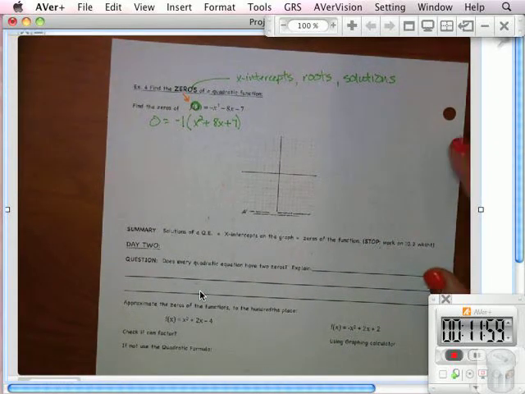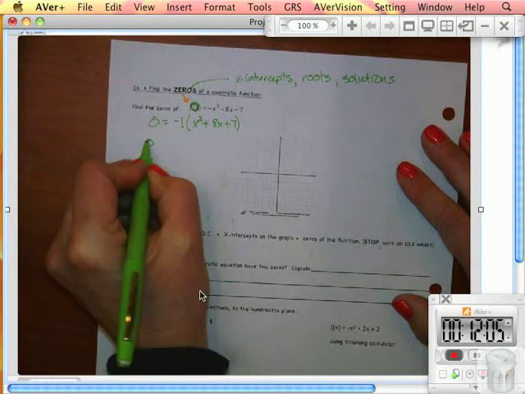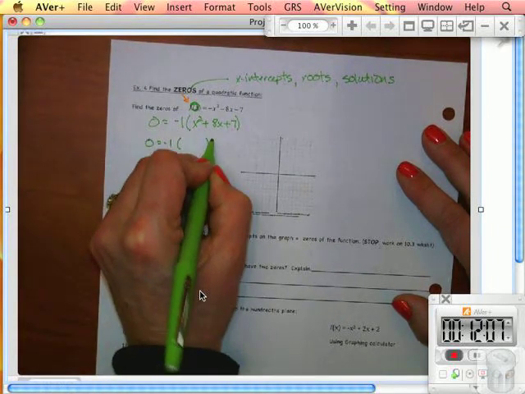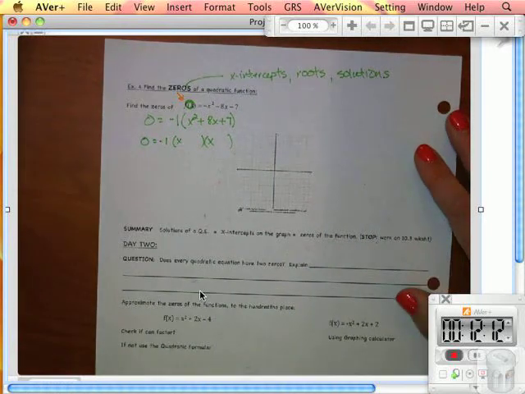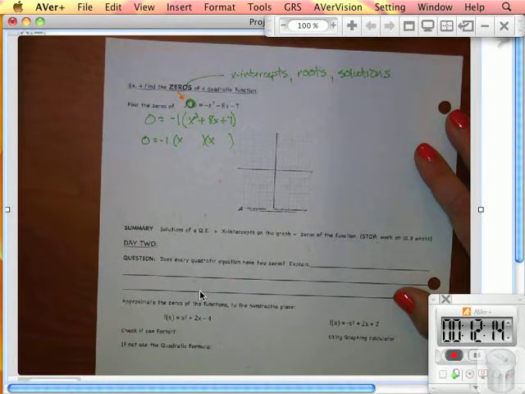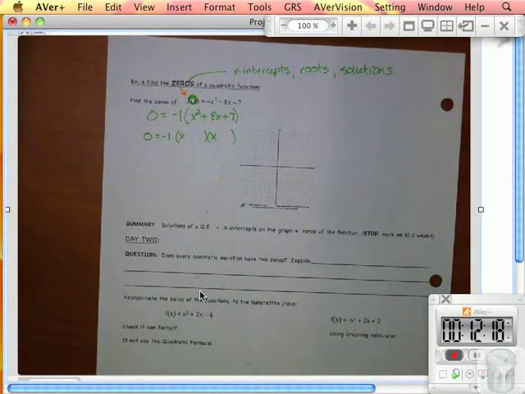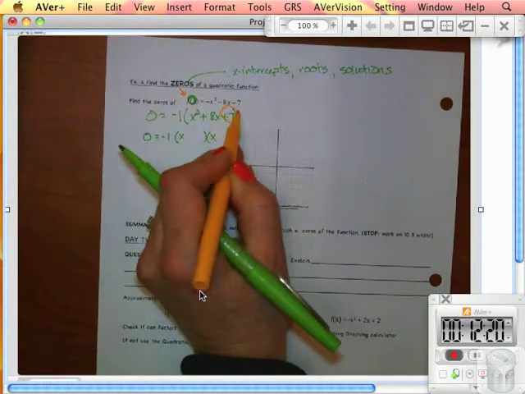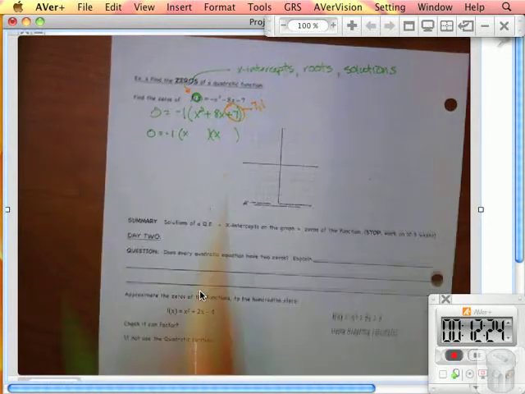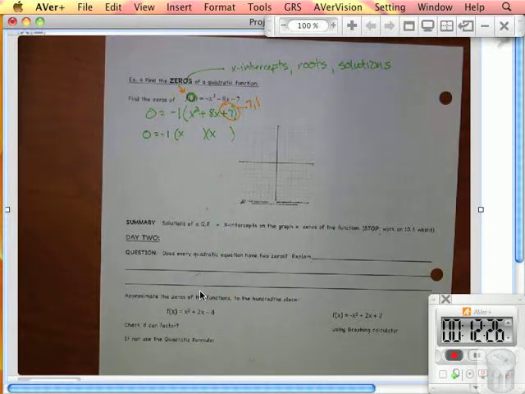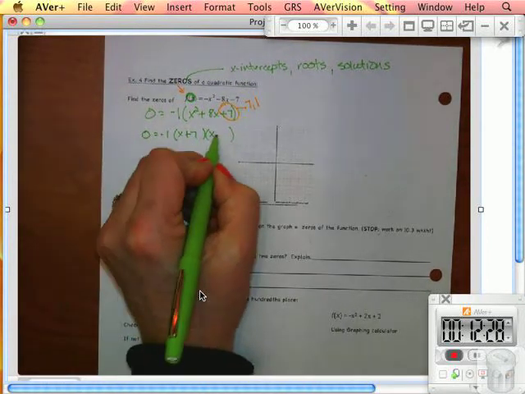What's next? Factor. 0 equals negative 1 times. Factors of 7 that add to 8. 7 and 1. So plus 7 plus 1.